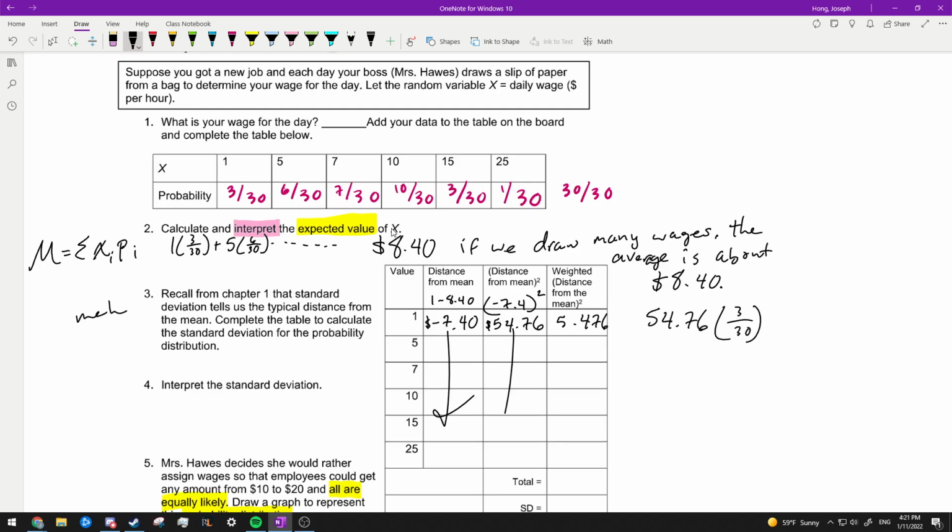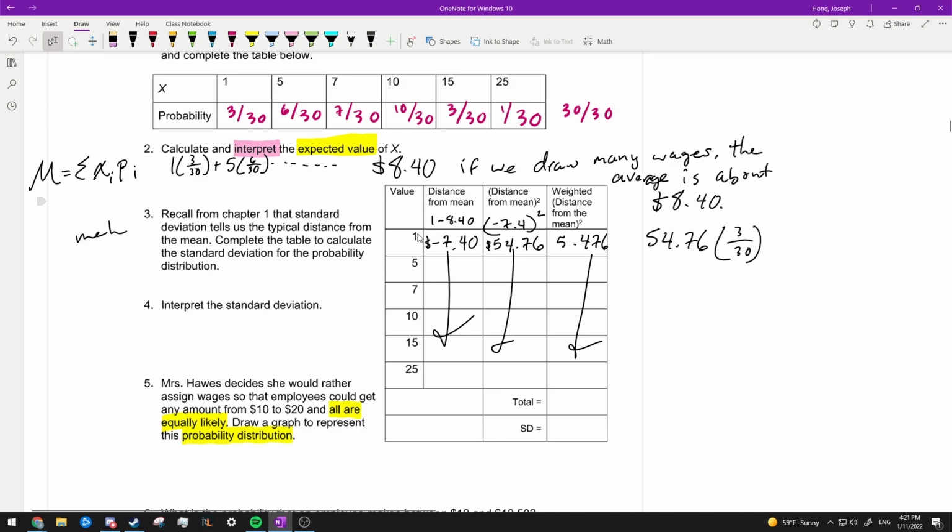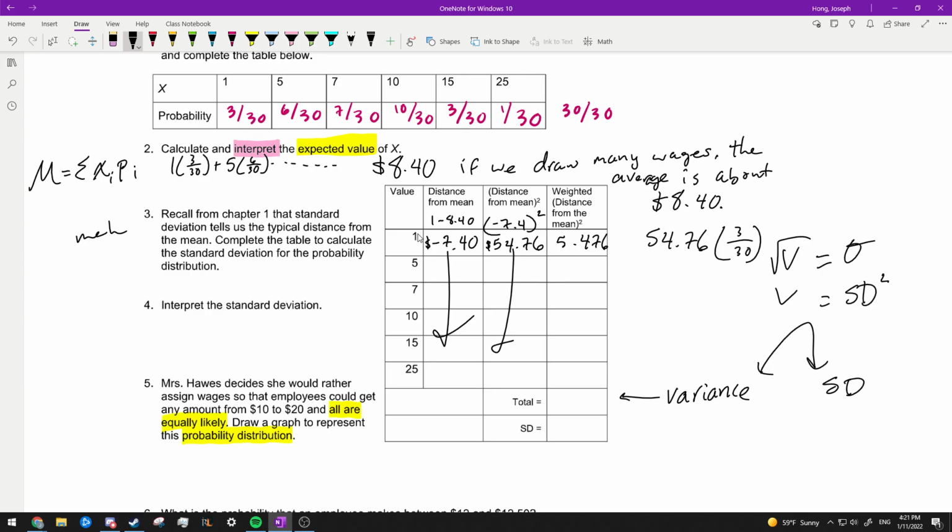This activity might look very familiar from our previous notes. What I would like for you to do is try to do all of these and find the total when you add up all of these slots. This total is going to represent our variance. And we know that the relationship between variance and standard deviation is that standard deviation squared is variance, or the square root of variance is equal to the standard deviation.